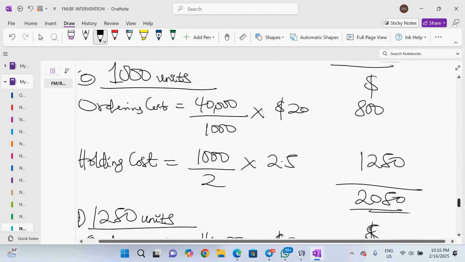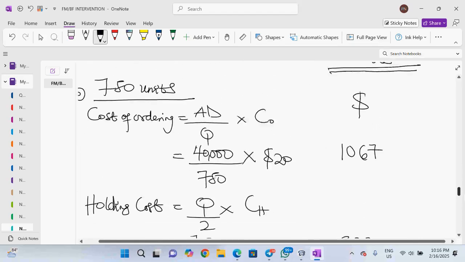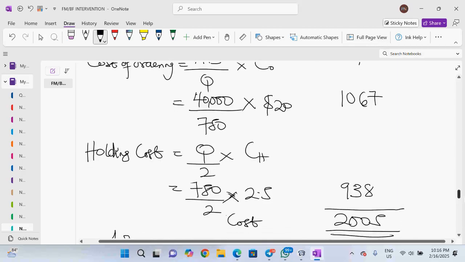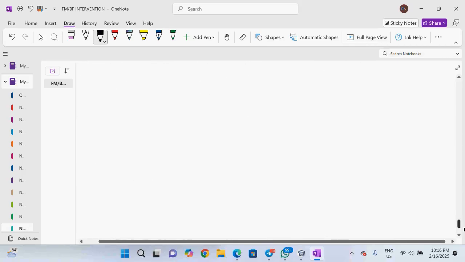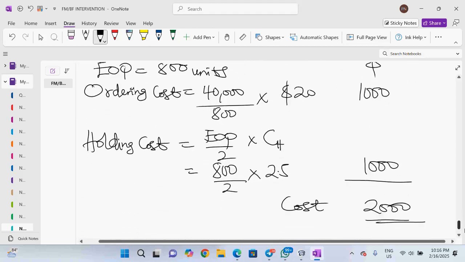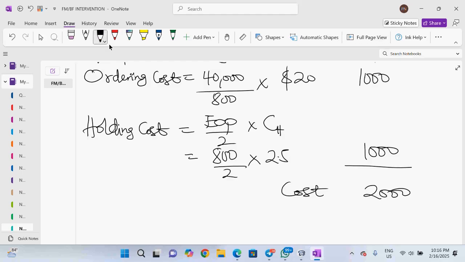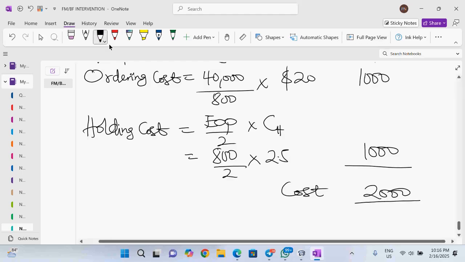Compare the EOQ quantity to the 750 quantity. This one is 2,000 and 5, so 2,005. Now, which of them gives us the least cost? The 800 units.